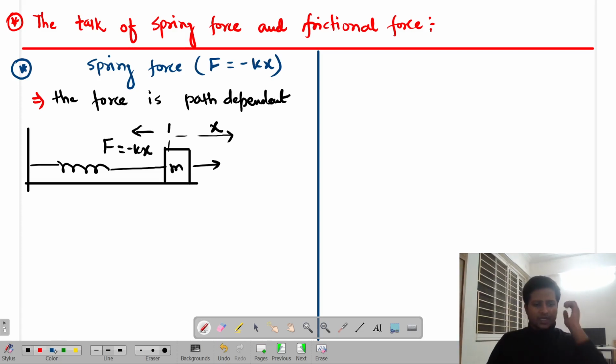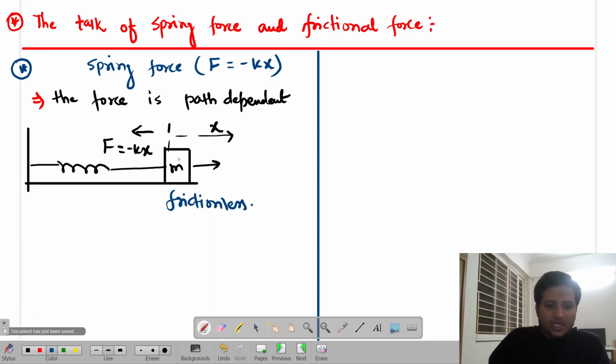Now, look over there. What we can see is, when I am displacing this particle, what is happening with it? First, if this surface is frictionless, which kind of surface is this? So if it is frictionless, what will happen with the spring? Spring will automatically go to the extreme point and then it will once again return to the mean point.